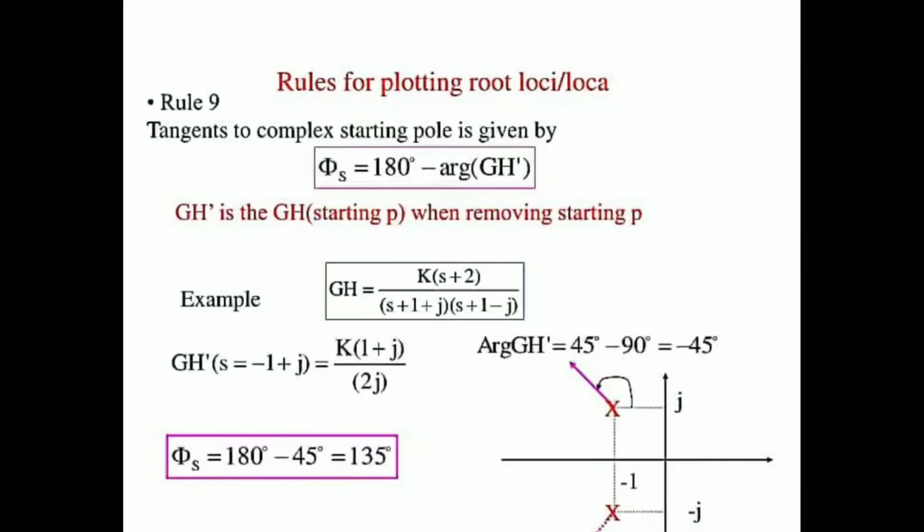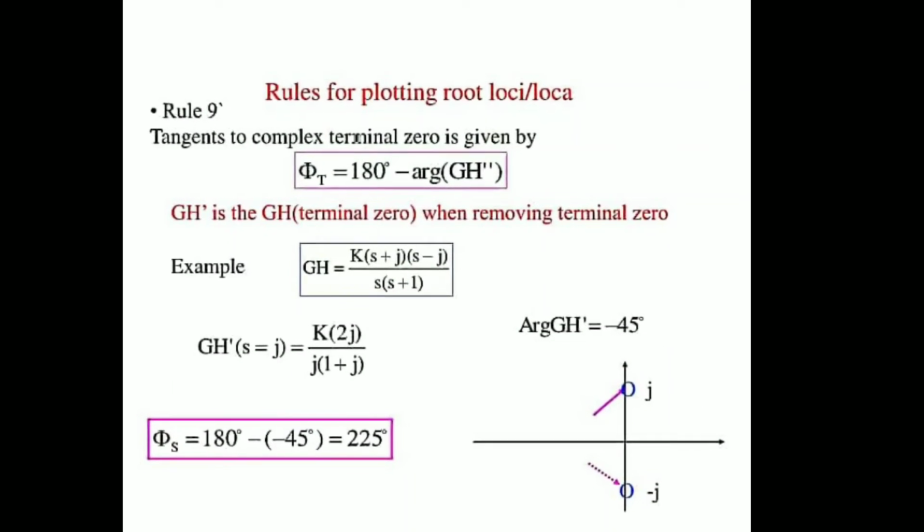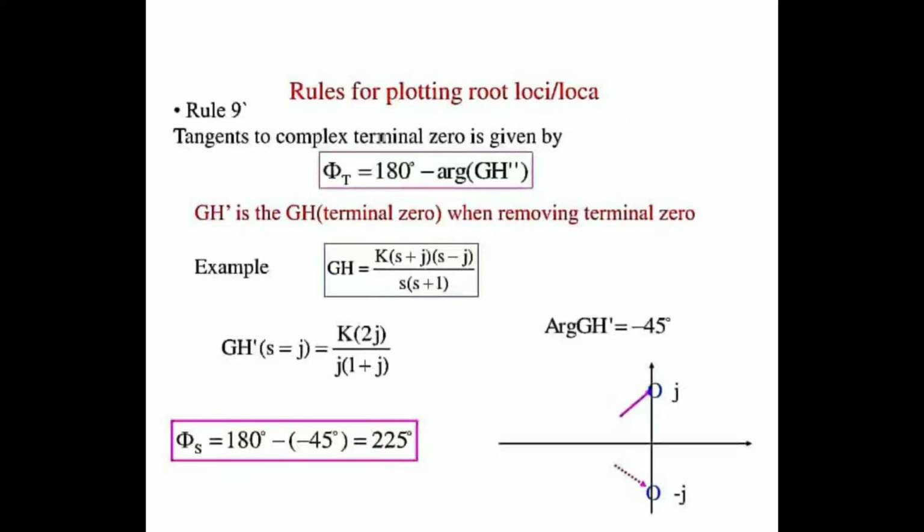How to find the angle for this? The formula is tan inverse of imaginary term divided by real term, which we have used in the Bode plot. So that formula will be useful for finding the angles. In this way we can find the angle of departure when complex poles are given, and when we have a complex zero, at that time we have to find the angle of arrival.